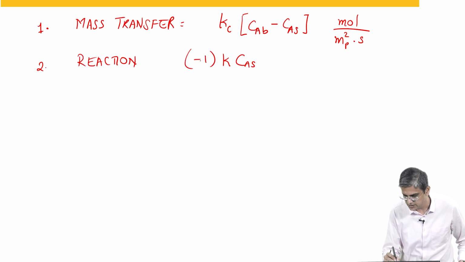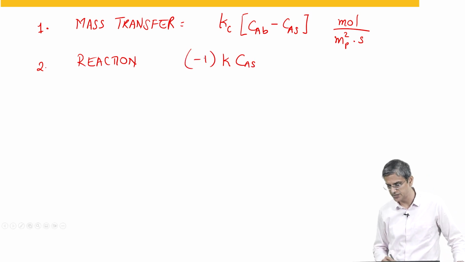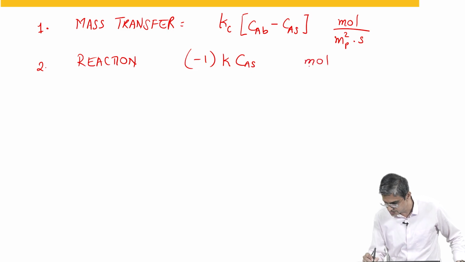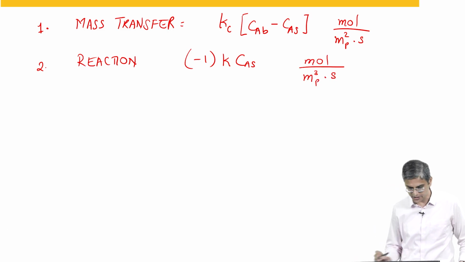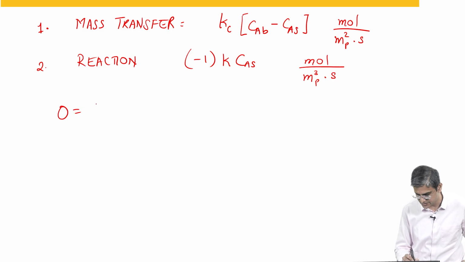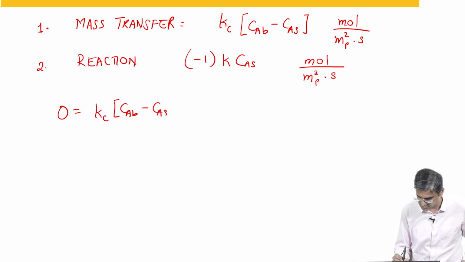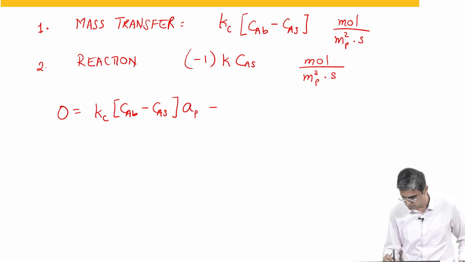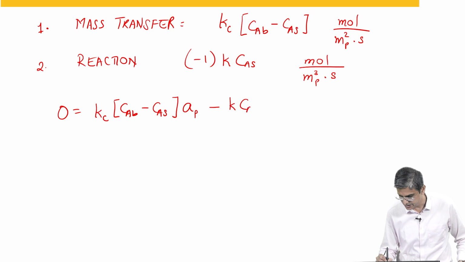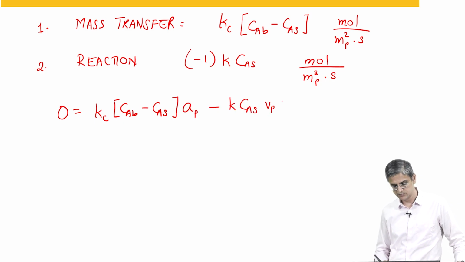Minus 1 is the stoichiometric coefficient. This is given in terms of moles per meter cube particle volume per second. So, 0 equals in minus out: Kc CAB minus CAS multiplied by A particle, minus K CAS multiplied by V particle.